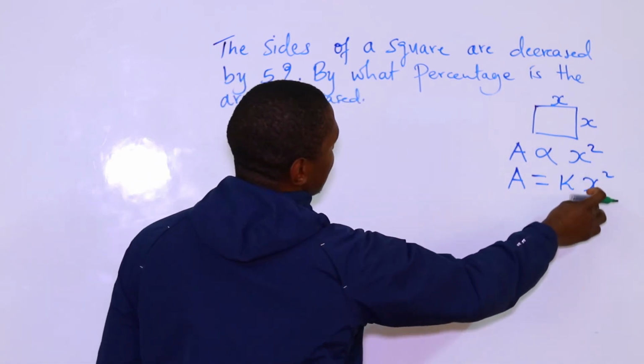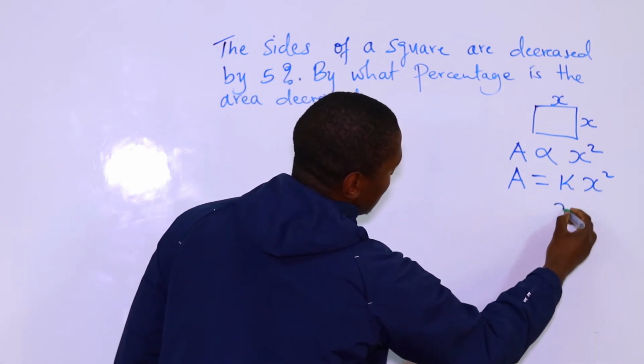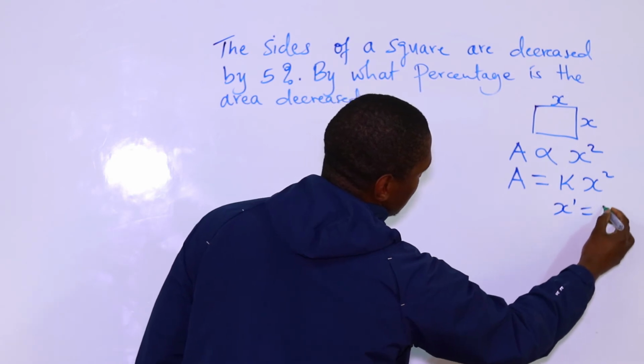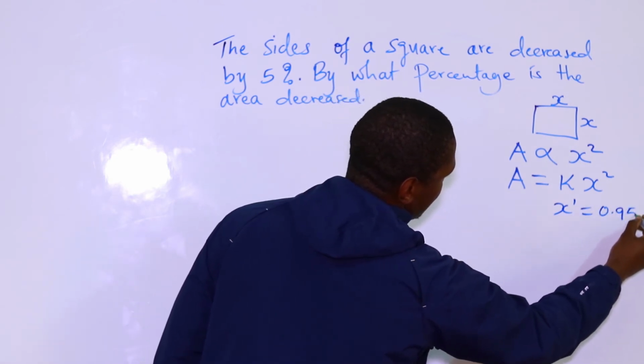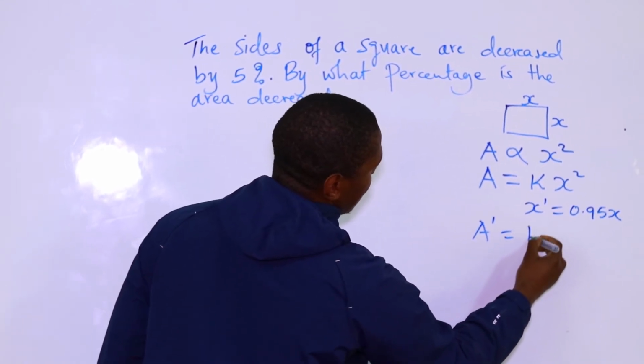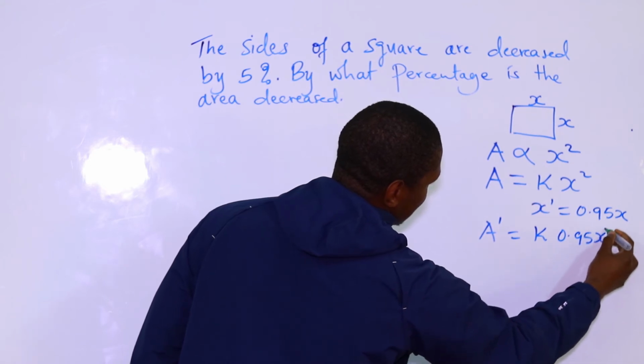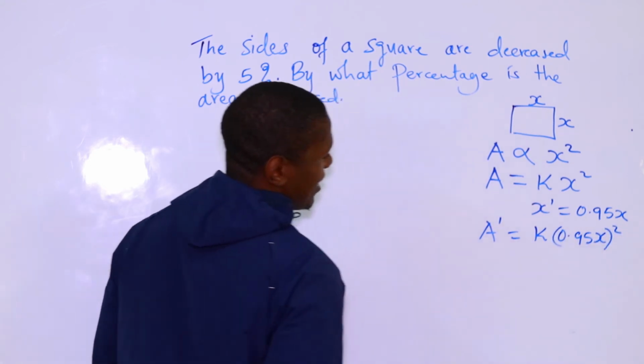We're being told x is decreased by 5%. So that implies that our new x prime will be 0.95x. So our area will be k times 0.95x squared.